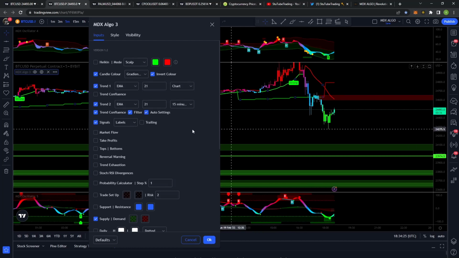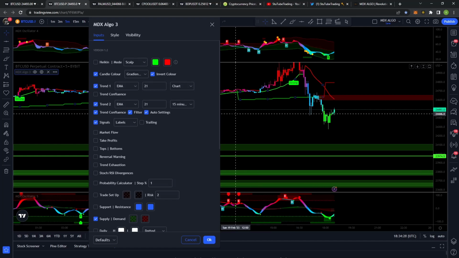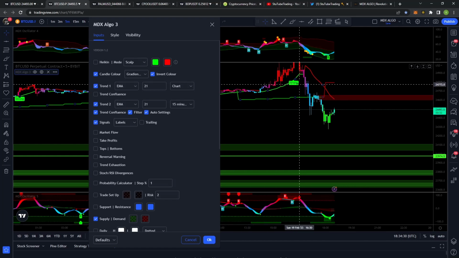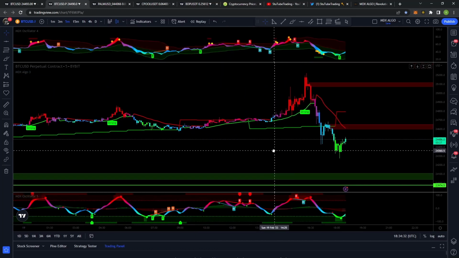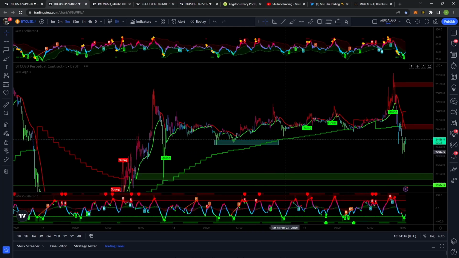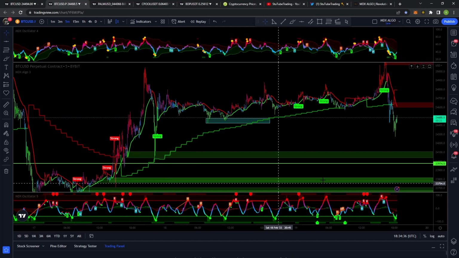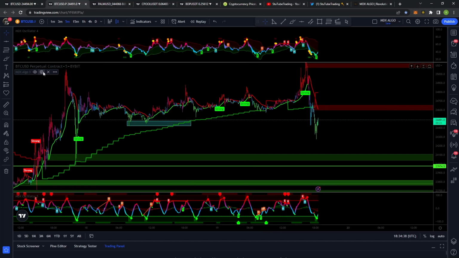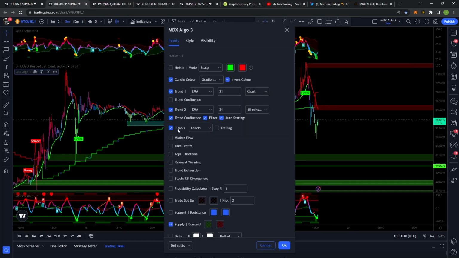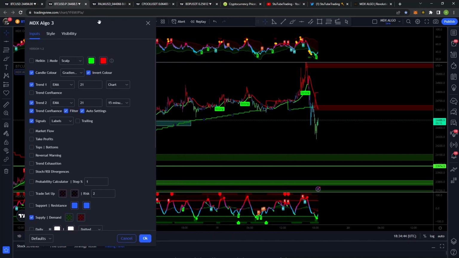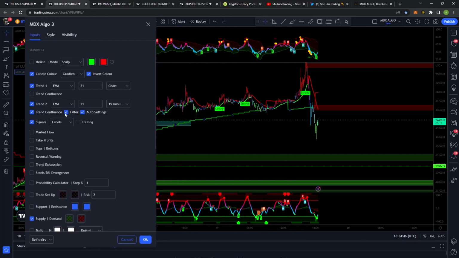Signals, that would be our strong green or strong red, or just our regular long and short signals. You can see that they're kind of spaced out here. Now that I have filter checked, which is one of the latest updates, basically it's not going to give you a whole bunch of chop.